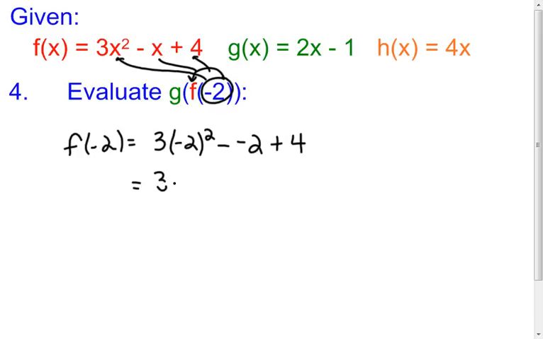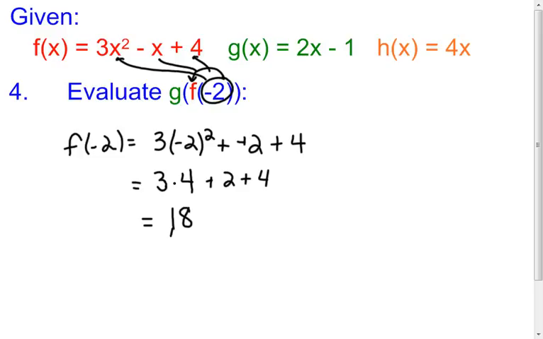Remember to square your -2 first, so 3 times 4, and then plus 2 plus 4, which is 12 plus 6, which makes 18. So that's what I get when I plug -2 into F.